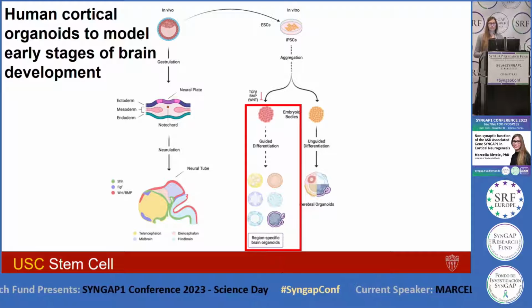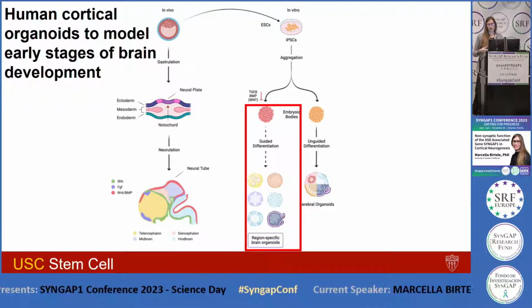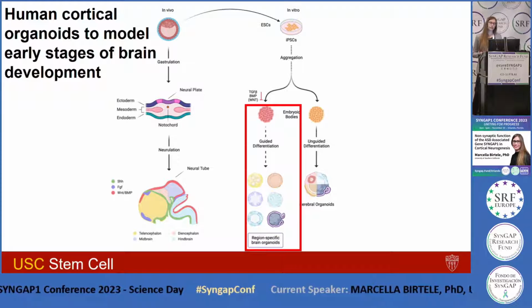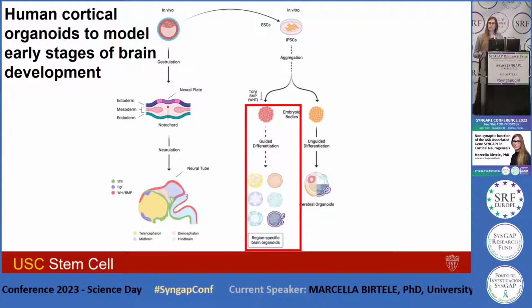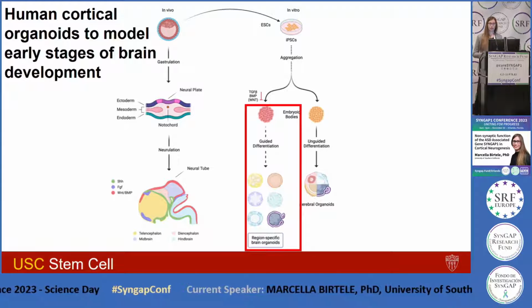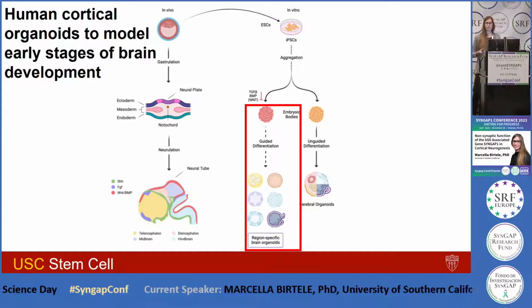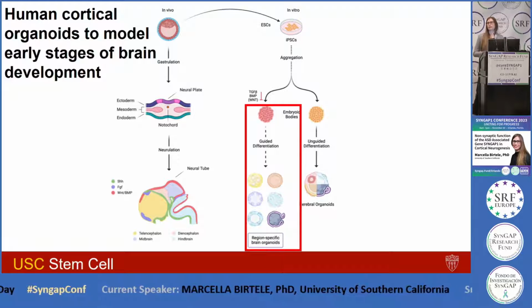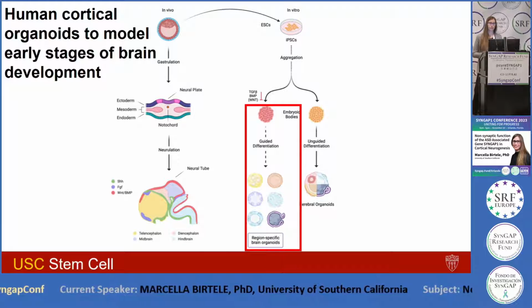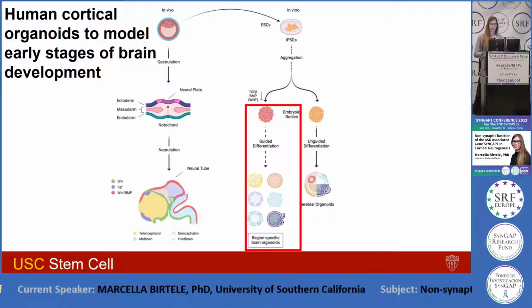leave these cells in low attachment mode, in the sense that these cells will self-aggregate and self-organize. So we leave the cells to really mimic the cytoarchitecture of the developing cortex.